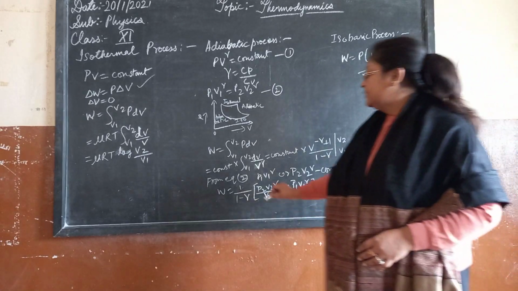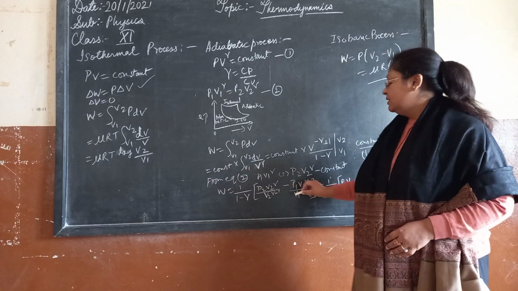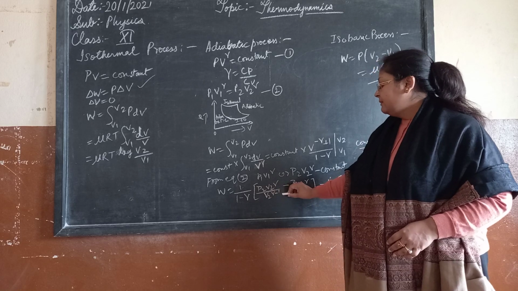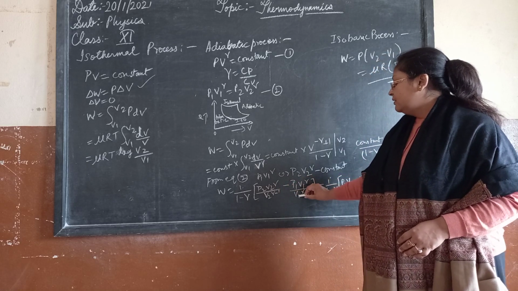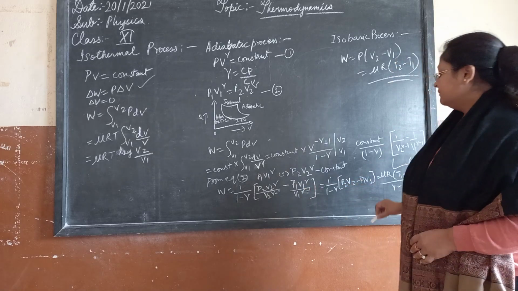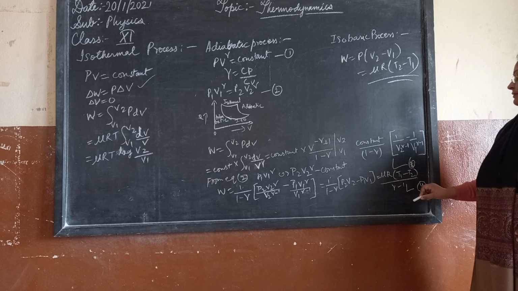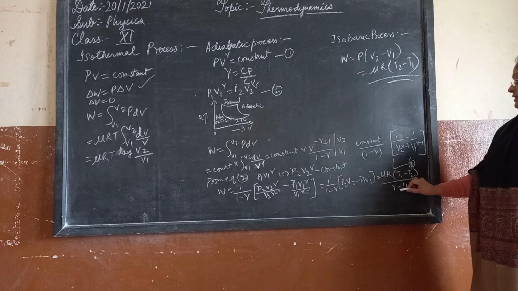Then W will be equal to 1 upon 1 minus gamma times P2 V2 minus P1 V1, which is equal to mu R times T1 minus T2 upon gamma minus 1.